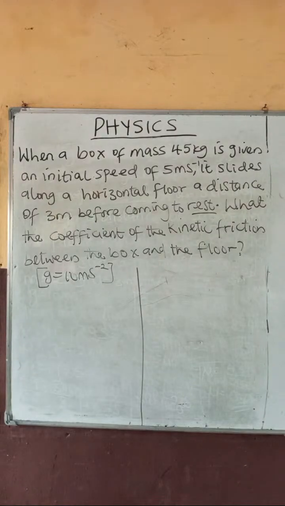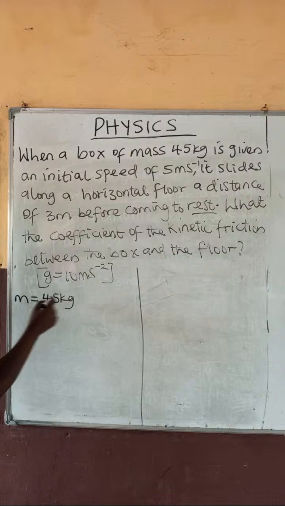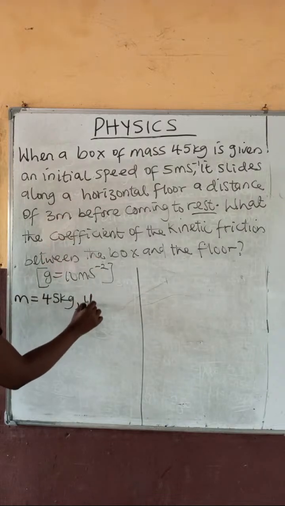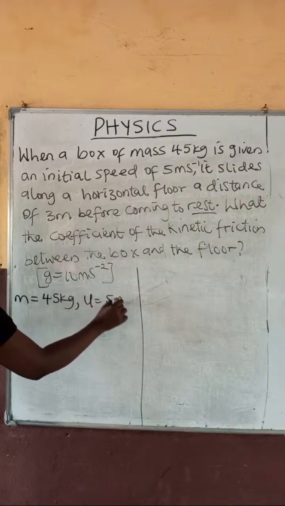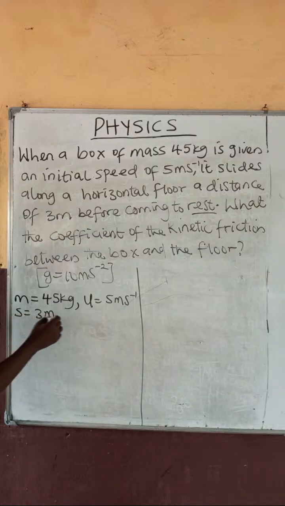Now, from what I have, I will state the parameters. My mass m is equal to 45 kilogram. Initial velocity u is equal to 5 meters per second. Then the distance is given as 3 meters, and the body comes to rest.